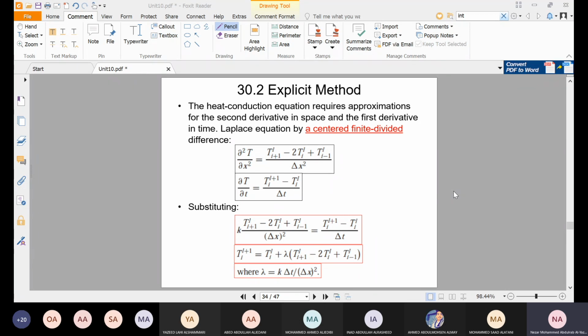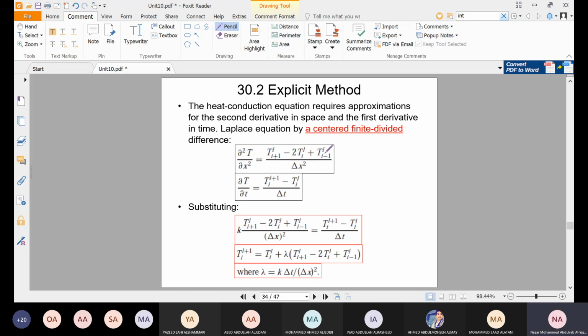So in the explicit method, usually the temperature at node n+1 is dependent explicitly on time n. Okay, so here we have the temperature, or the second derivative at x, at xn+1, it's dependent on the temperature at time n.